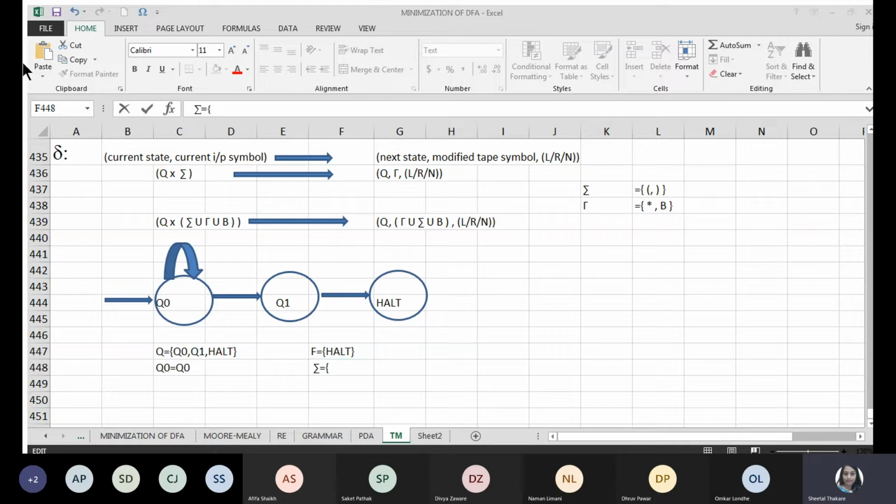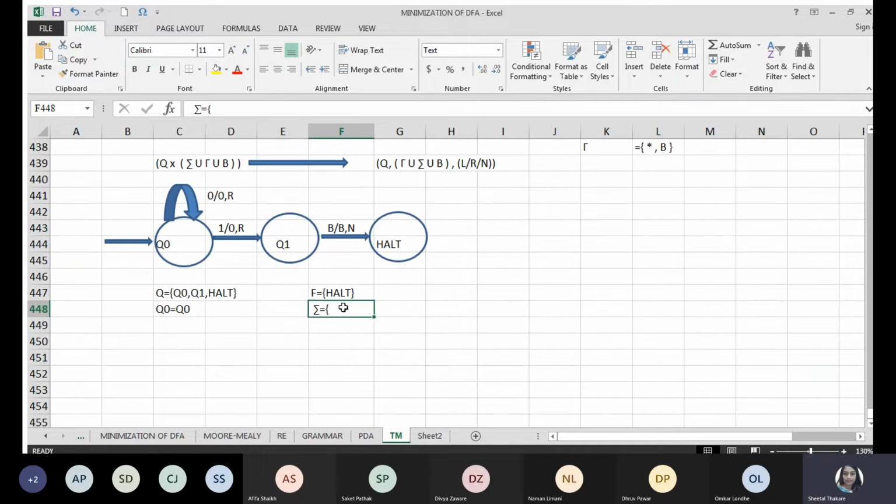For writing sigma, you must take some, say if it is 0, let it be 0, move to R. Randomly you are writing this. You are changing the state. If 1 is encountered, you are saying let it be 1, move to R. Or you can say if 1 is there, you are changing it to 0 and moving, and finally if B is encountered, let it be B, do nothing.